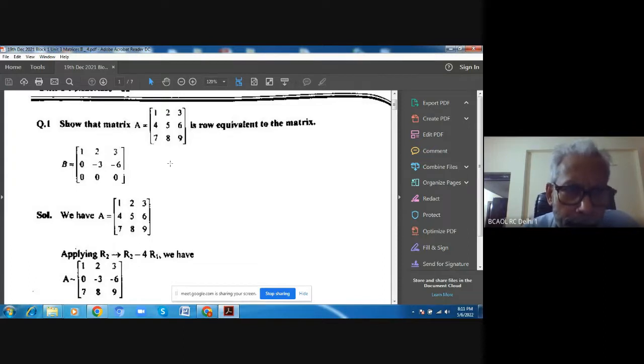The ultimate aim is to find the unknown value. Suppose, for example, I say y, because it may be in your mind: why, sir, are you doing these things? Why are we making the zeros? What is the purpose of this? Because all of these are basically data. When you go for computer programming or data analysis, you have huge data.